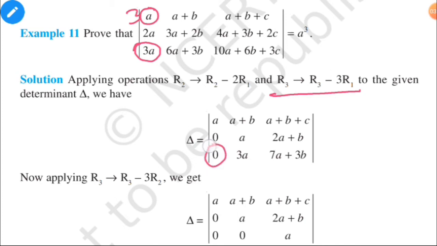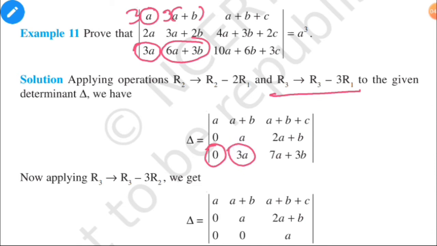So the new element in R3 is 0. Now the second element. Here R3 is 6a plus 3b. 6a plus 3b minus 3 into a plus b is equal to 3a. That is the second element in R3.